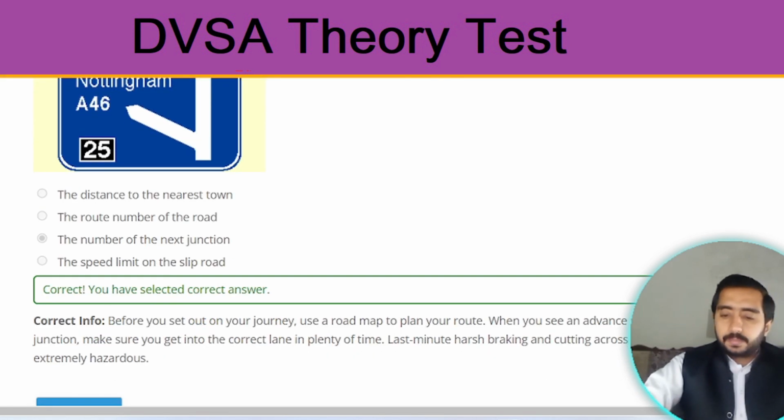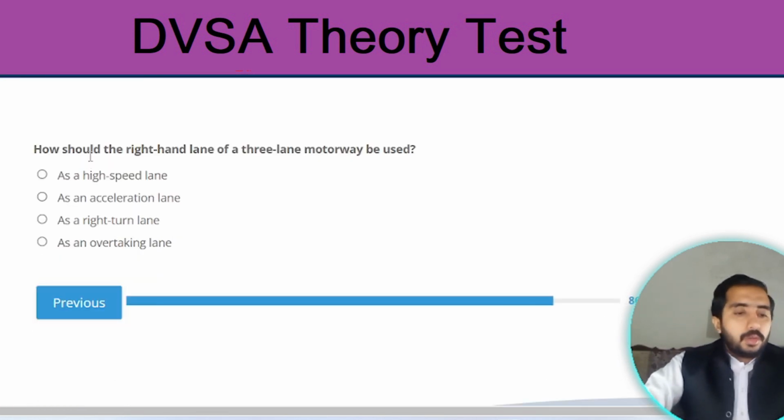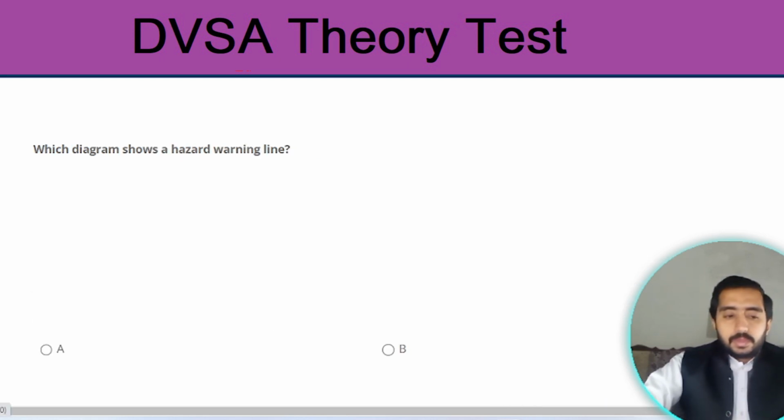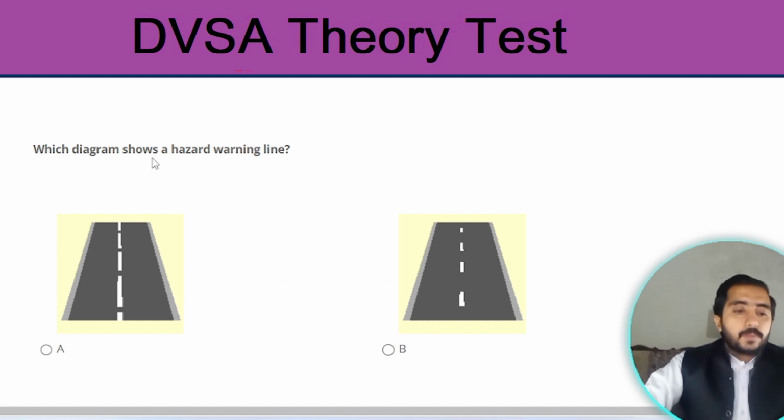Next question. How should the right hand lane of a 3-lane motorway be used? The right hand lane is used as an overtaking lane. Which diagram shows a hazard warning line?